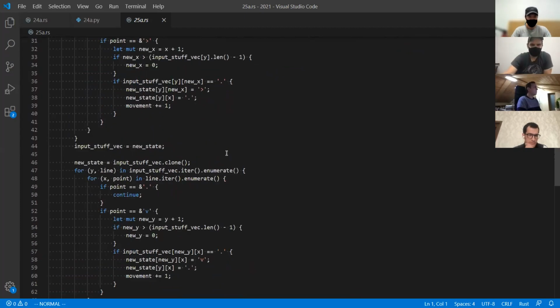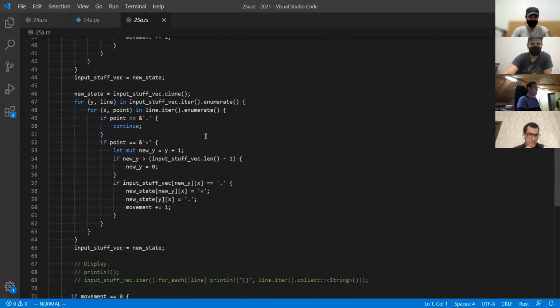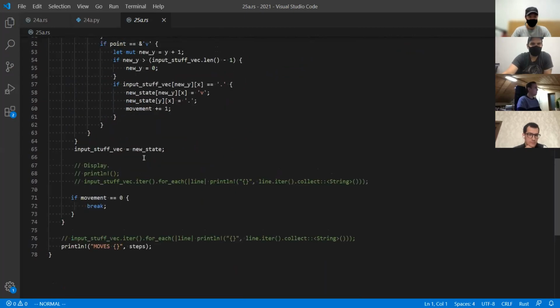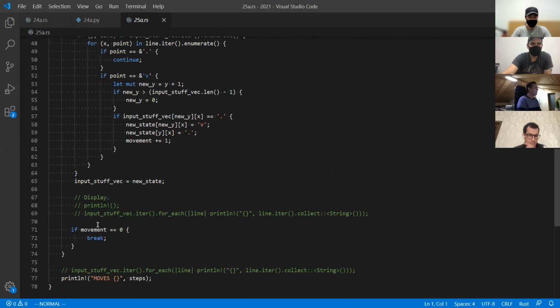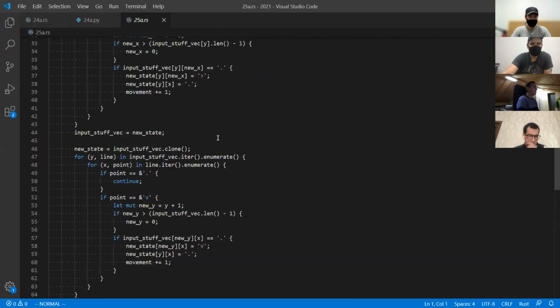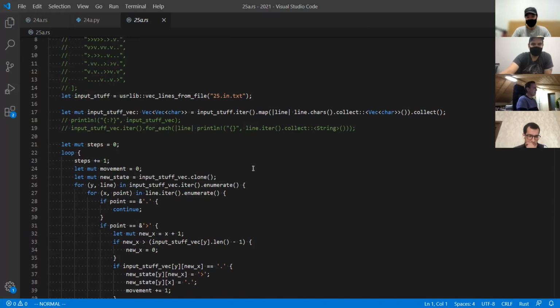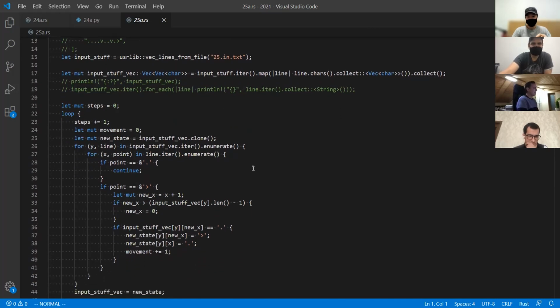So I move to the right, and then everyone that moves down needs to move down. And I see how many moves it takes to get to the point where the movement equals 0. And when movement is 0, I break out. And the whole time I've been counting steps, steps plus equals 1. It was a pretty quick thing to do. Quite simple.